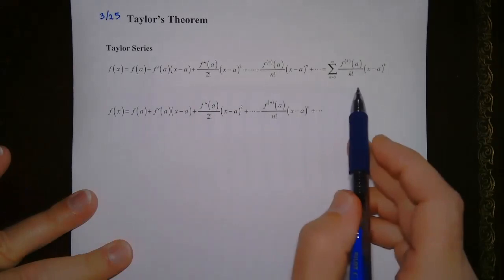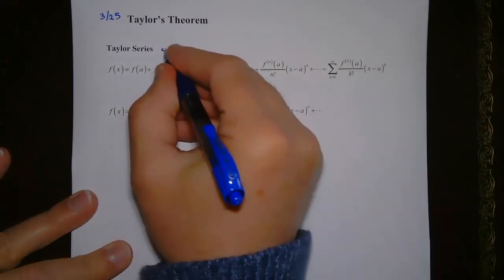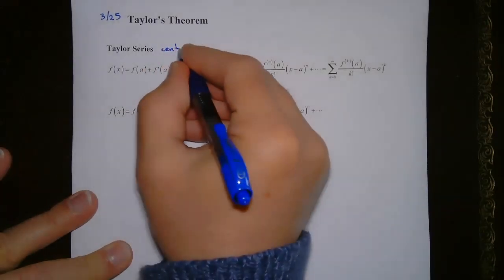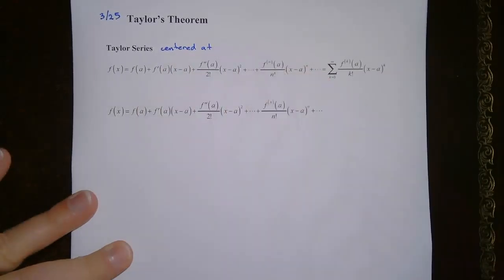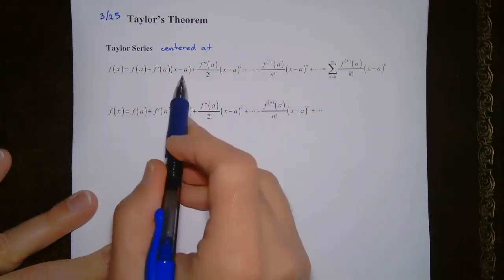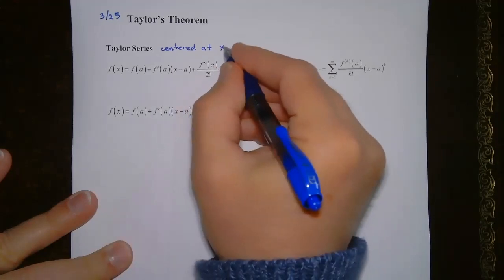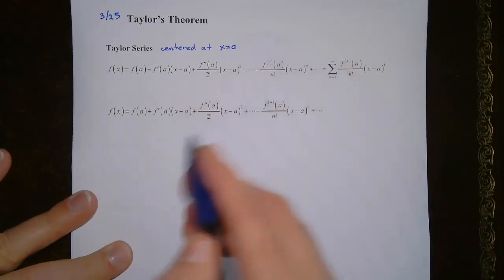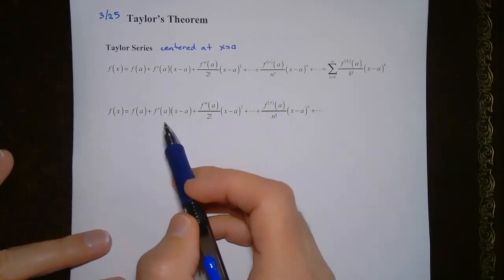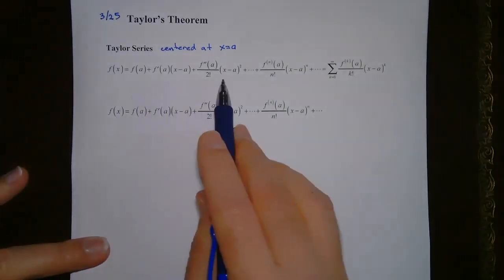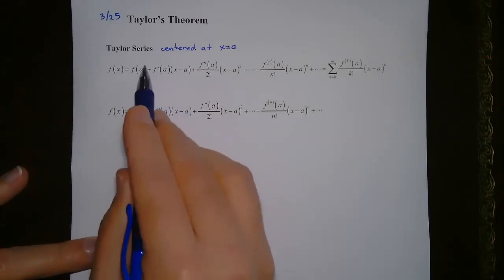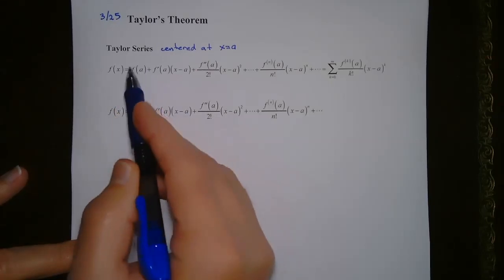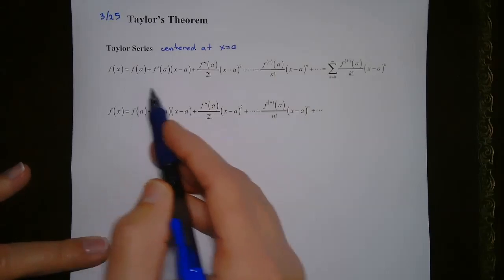We have a Taylor series right here and it's centered at, and what's it centered at? It's centered at x equals a. Okay, so we've talked about Taylor series the last couple lessons. This is the Taylor series, f prime over 1 factorial, and this is f, the zeroth derivative, over 0 factorial, and so on and so on.